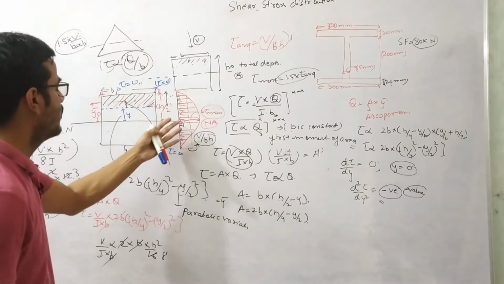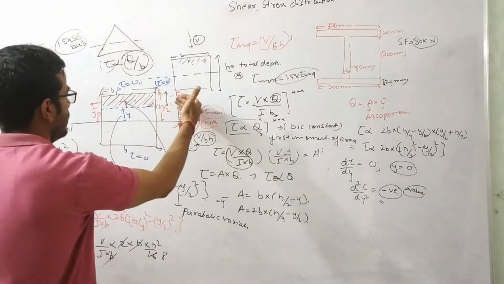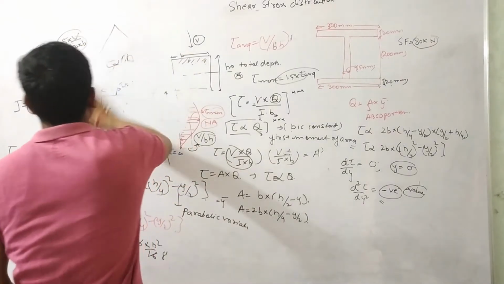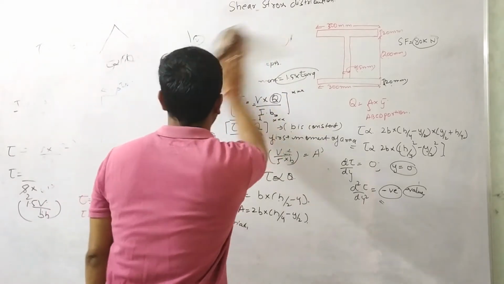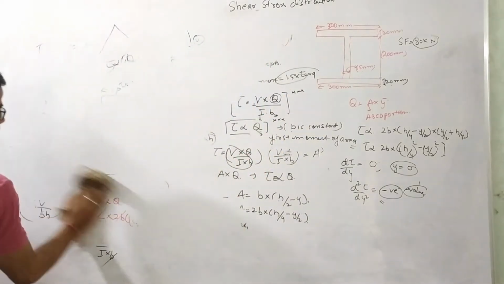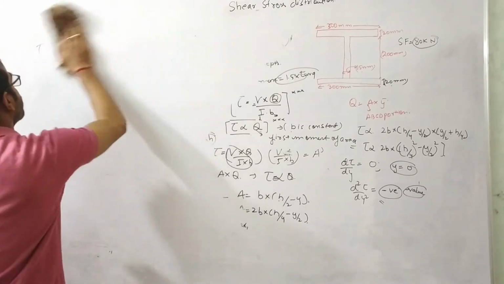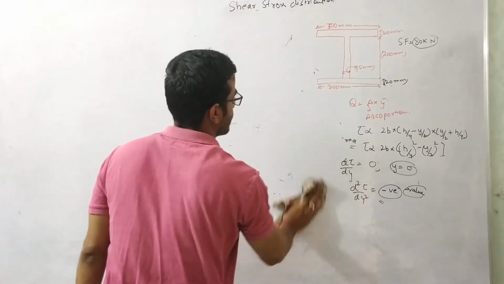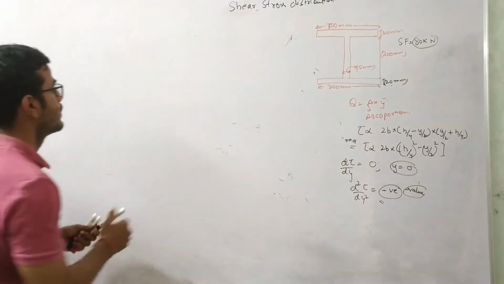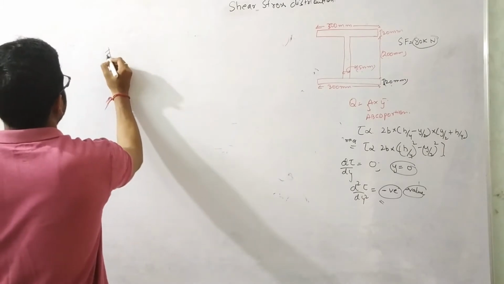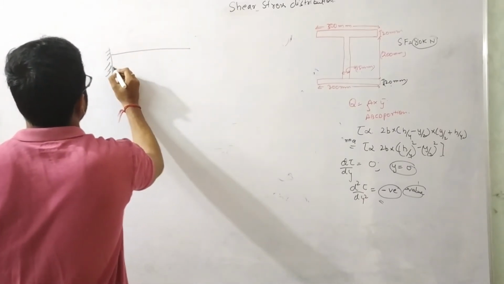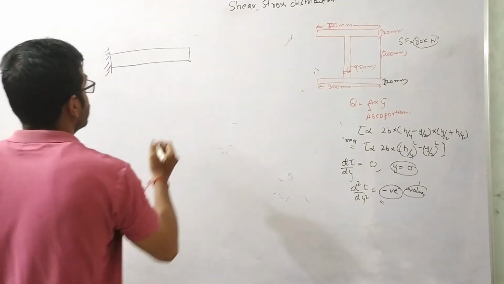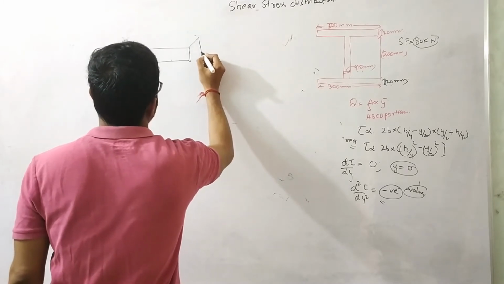Now we'll see the significance of the arrows which we showed in this direction. So this is the cantilever beam, and this is the neutral axis.